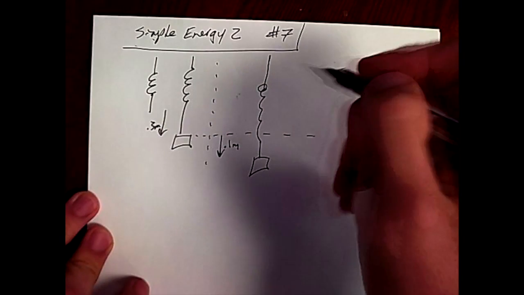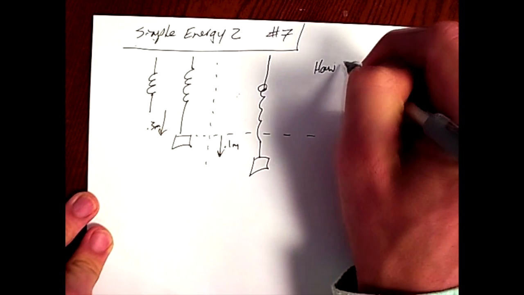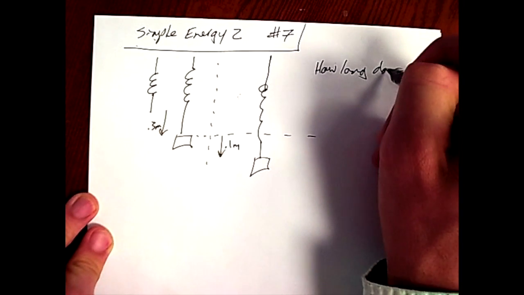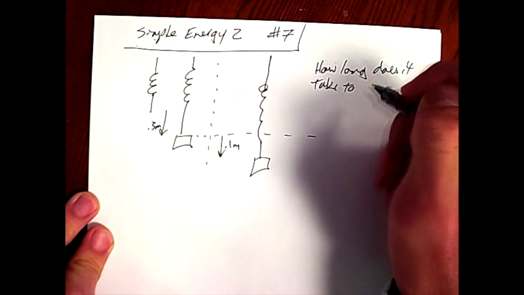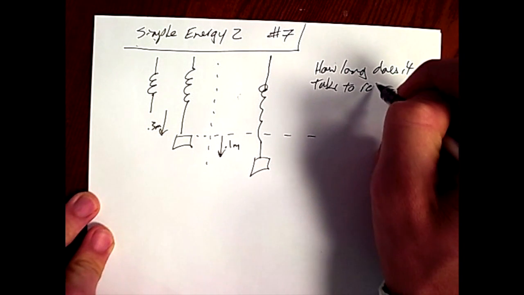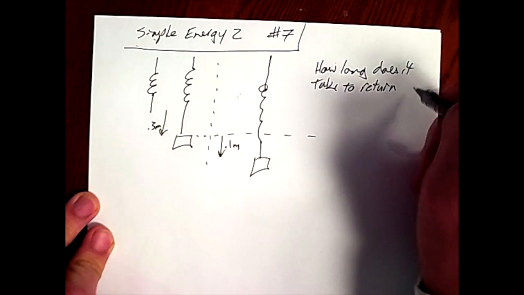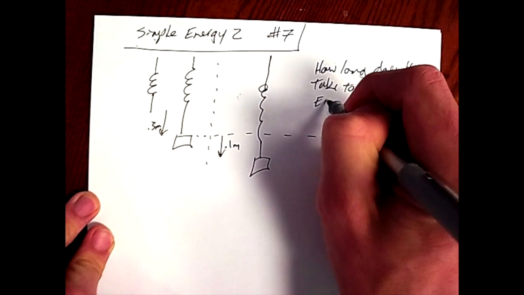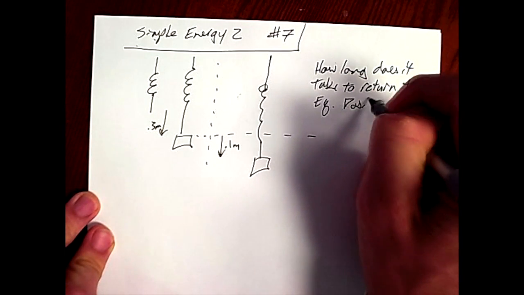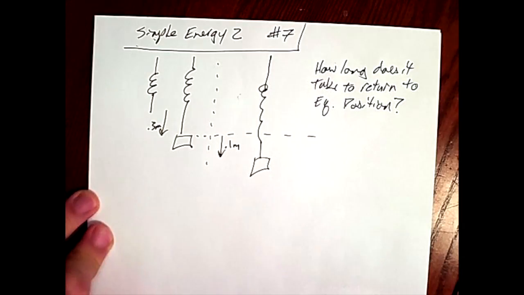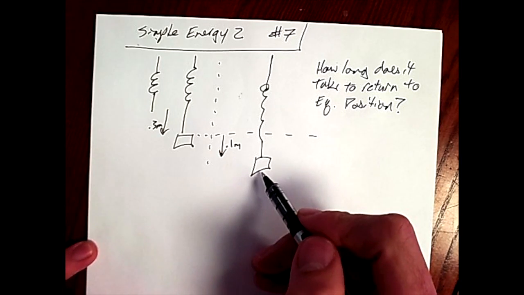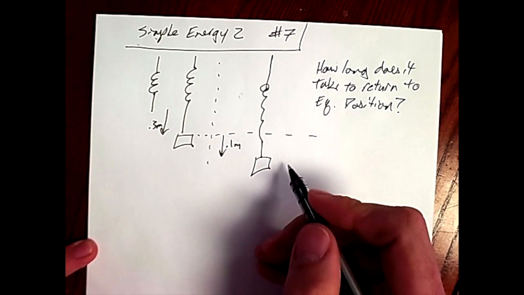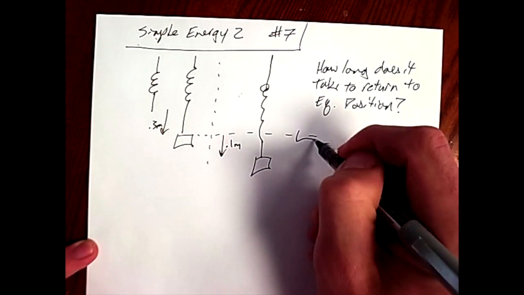And the question is, how long does it take to return to the equilibrium position? So in other words, if I stretch this out 10 centimeters below the equilibrium position and I let go, how long does it take to get back to here?